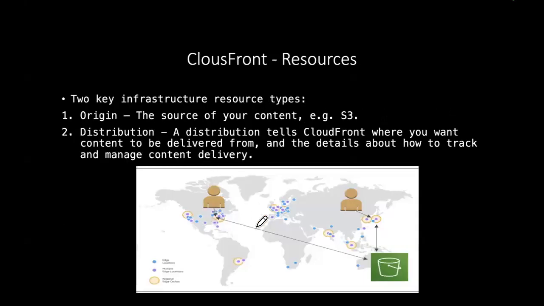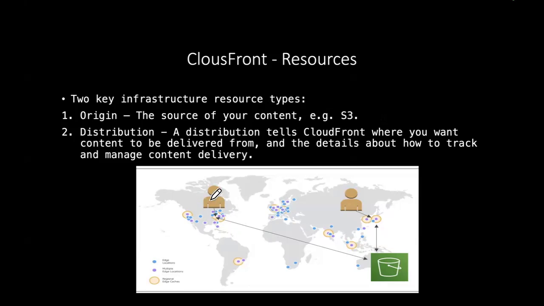So visually what I'm getting at here is, we may have our S3 bucket with our content, but you may have a user. The dots on this image, Maria, represent individual edge location servers or POPs.